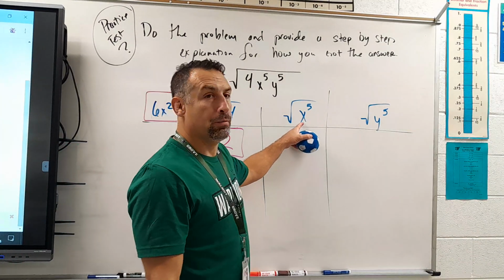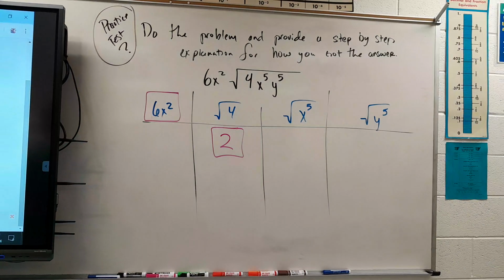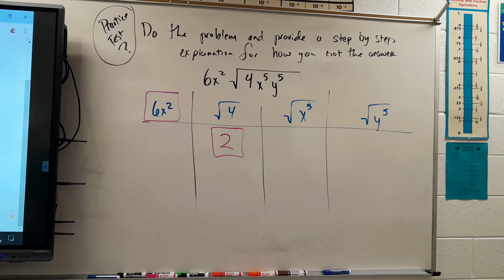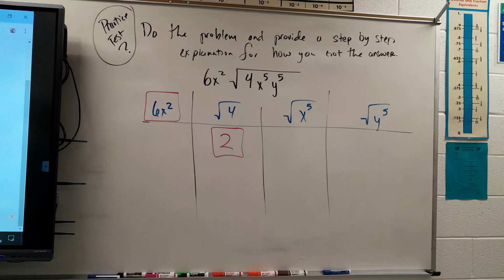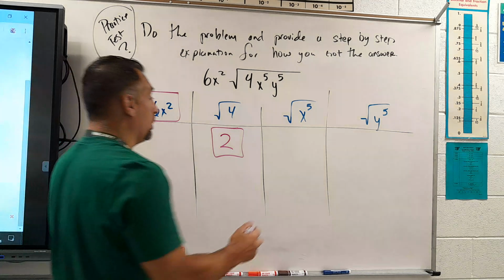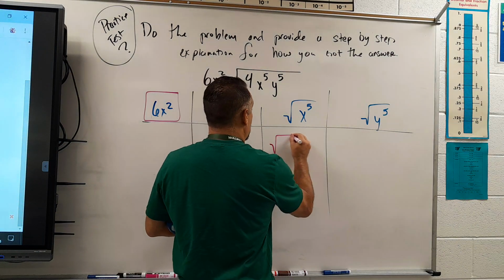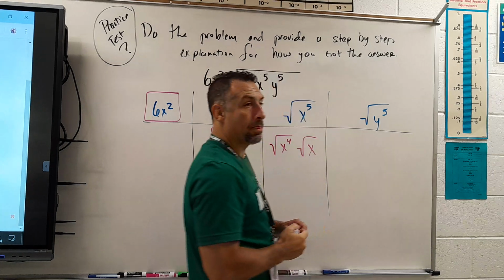Let's go down here. What's the first step with this kind? Right. So basically, we're setting it up doing the odd rule. So I would write the square root of x to the 4 and the square root of x.